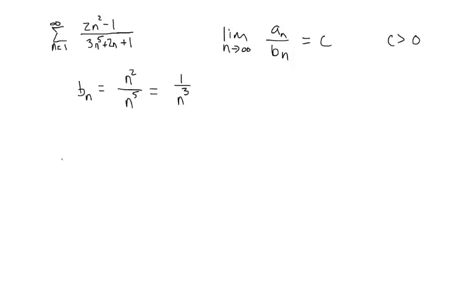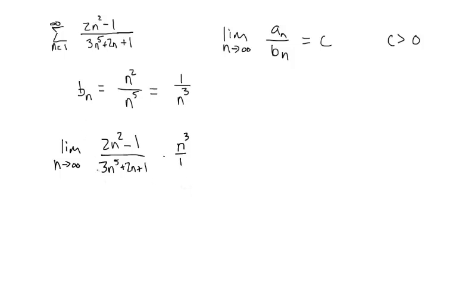And now we have the limit as n goes to infinity of a sub n, which is 2n squared minus 1, divided by 3n to the fifth plus 2n plus 1, divided by 1 over n cubed. And remember, when you divide a fraction over a fraction, you can multiply by the reciprocal. So I'm going to write it as n cubed over 1.